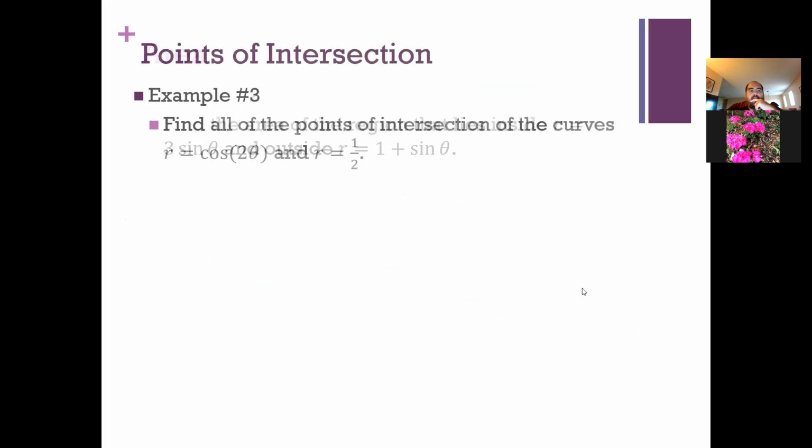All right, our next thing here is finding points of intersection. I want to find all the points of intersection between these two curves: r equals cosine 2 theta and r equals 1/2. What should I do first?